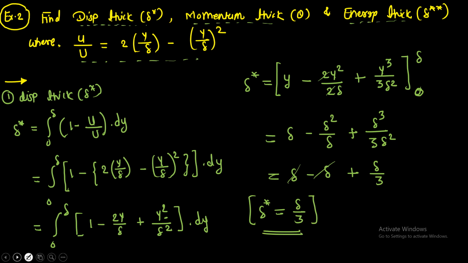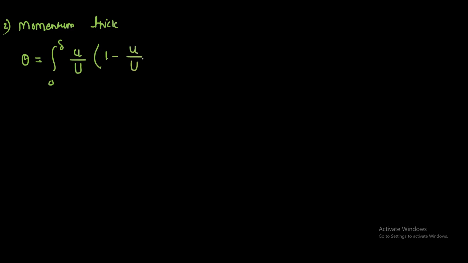Now the second question is momentum thickness, that is theta. Just remember this velocity distribution. So the formula for momentum thickness, that is theta is equal to integration 0 to delta u upon capital U in the bracket 1 minus u upon capital U into dy. Okay.